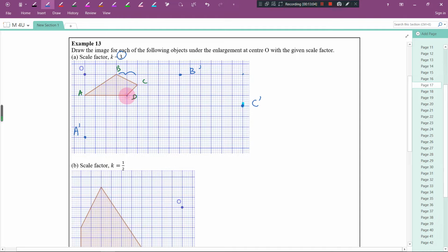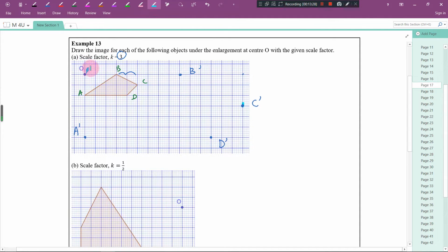Okay, now let's try D. So I will use this method now. 1, 1, right? Because the scale factor is 3, it will become 3, 3. 1, 2, 3. 1, 2, 3. Okay, so this is the image of vertex D. If you want to try another way, you can start counting from here.